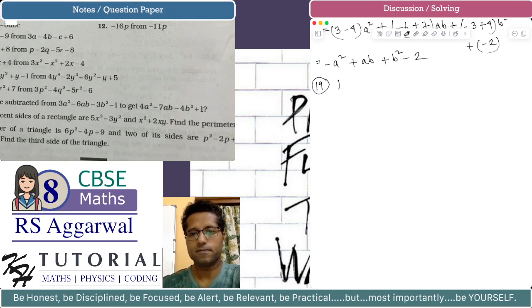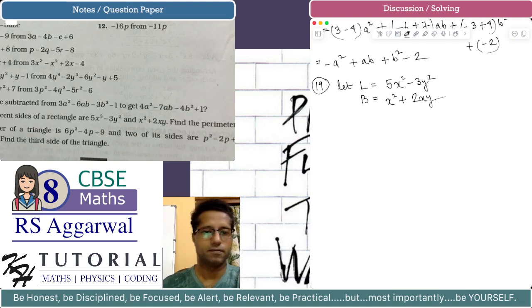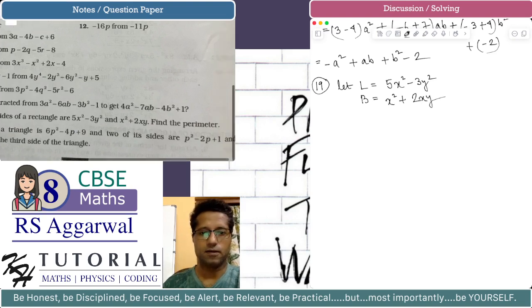So let the length be the algebraic expression 5x square minus 3y square, and let the breadth be the other algebraic expression, x square plus 2xy. It is asking us to find the perimeter.